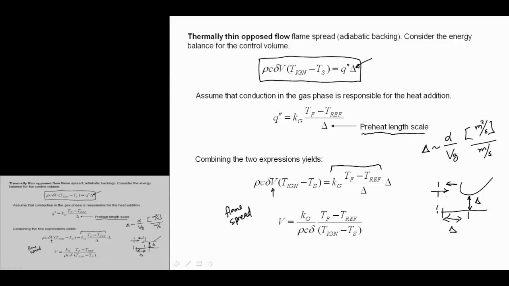And from that perspective, there's another convection diffusion problem that we should look at. Here it seems like it overall balances out, but the other problem we should be looking at is the gas phase convection diffusion analysis.